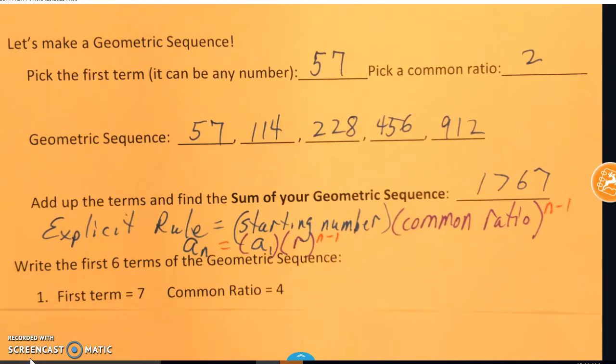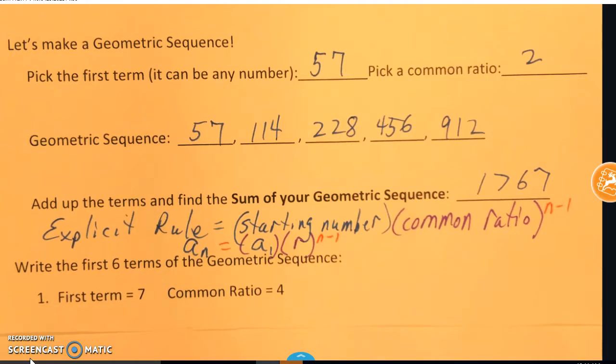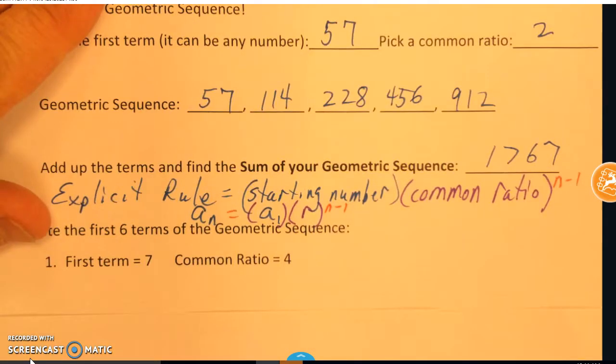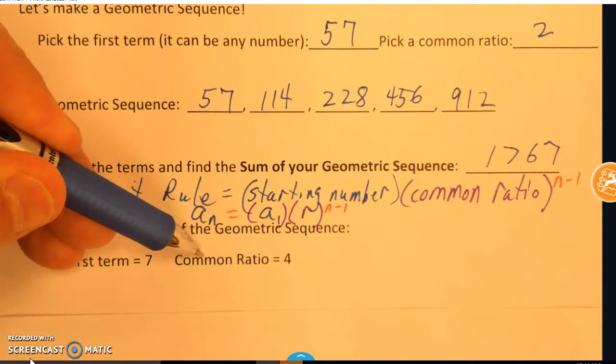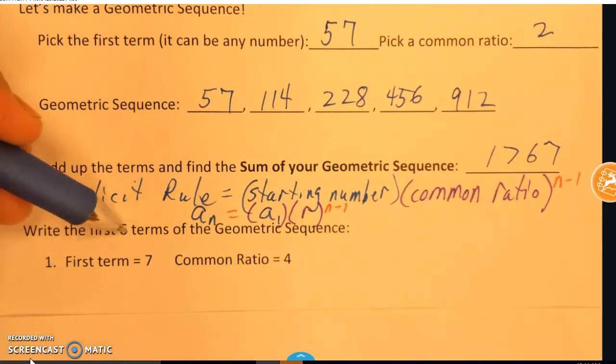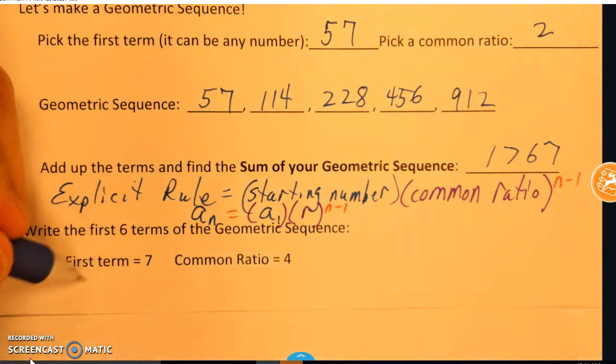Now, if we're to write this, number 1, the first term is 7, the common ratio is 4. So we want to write the first 6 terms.